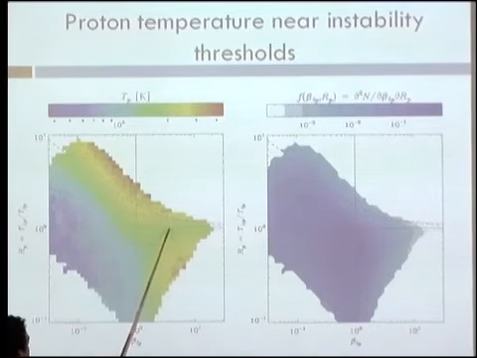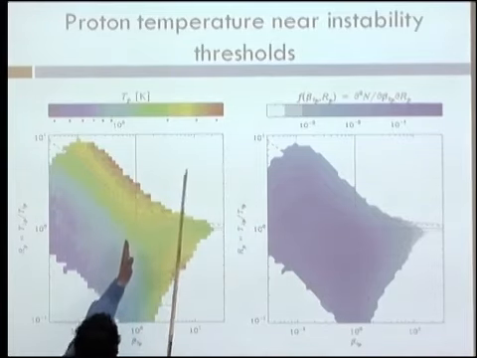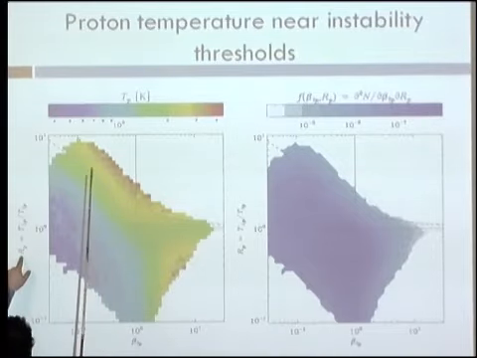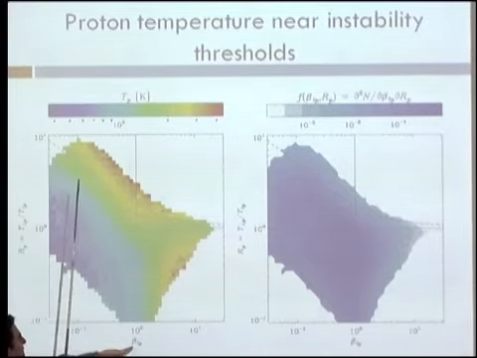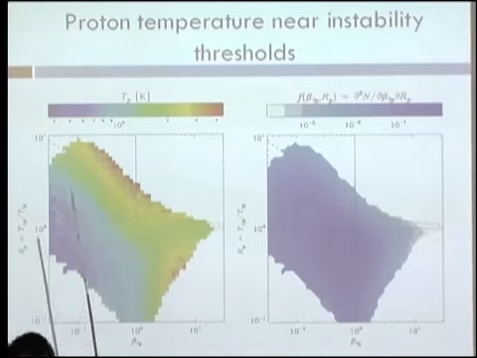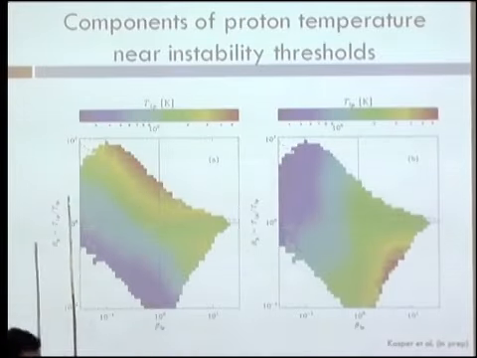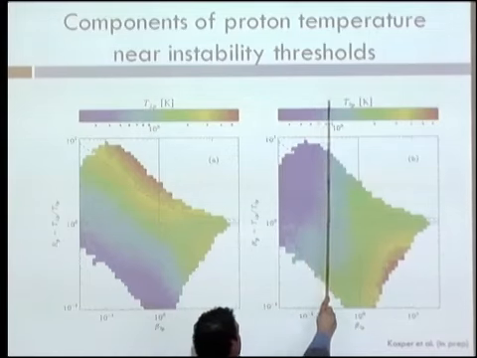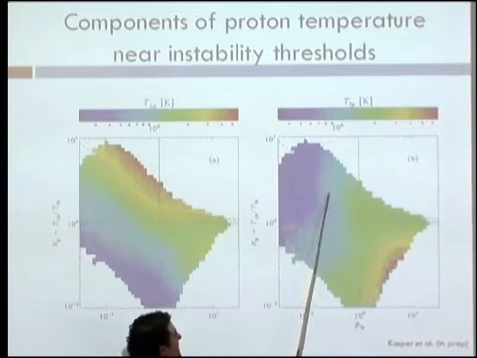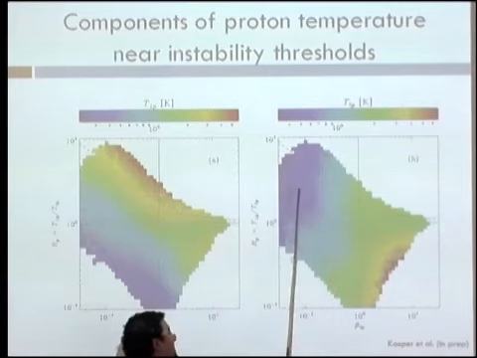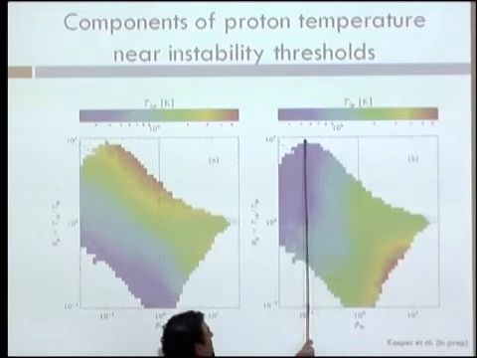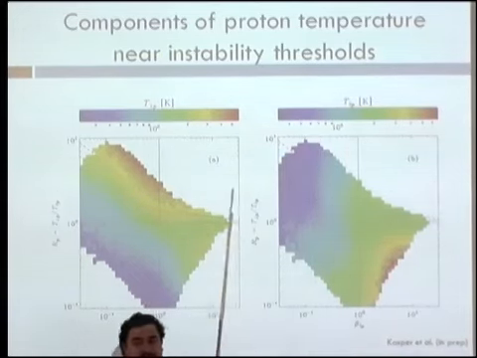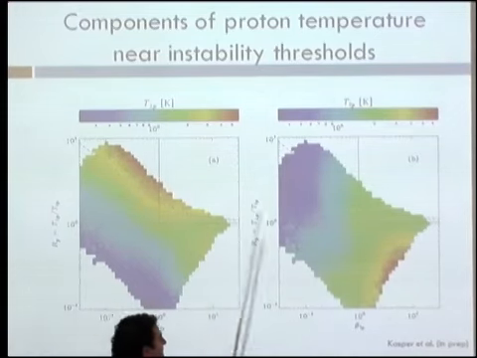We do not have what you would expect to see if it was just T perp over T parallel and then beta proportional to T parallel. If I go back to the components, what you expect to see is T parallel would be ordered like this, right? And indeed, over here, where we're far away from the fire hose instability, we do appear to see kind of this kind of dependence, which is consistent with what you might expect if there was just a beta parallel dependence.